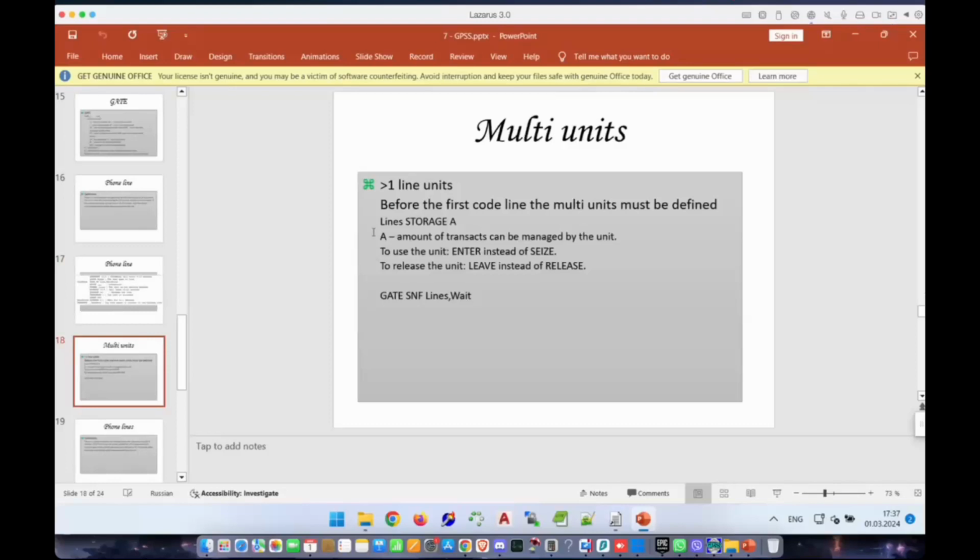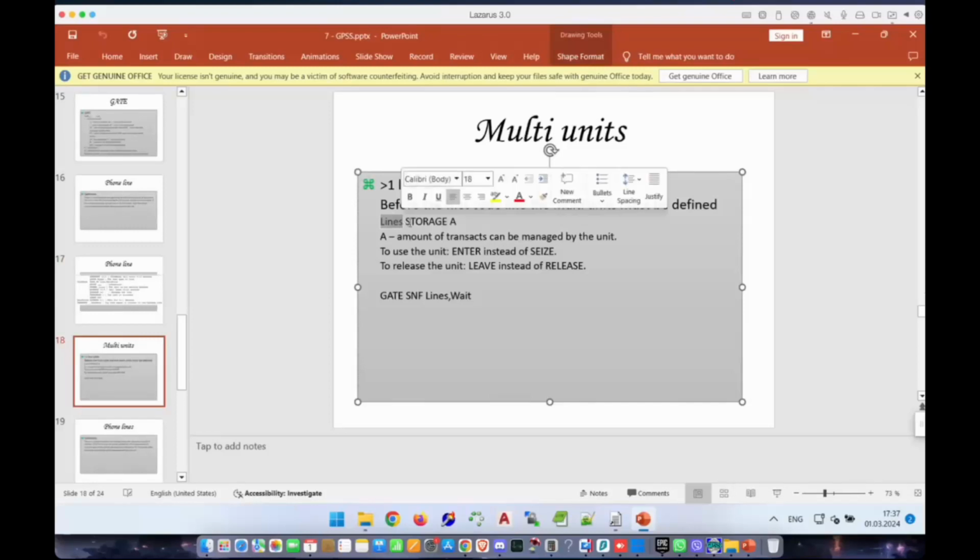All of the storages have to be defined specifically. So we have the name of the storage and the amount of slots of the storage. In addition, we have to use different commands for the storage to take the transact in its slots.